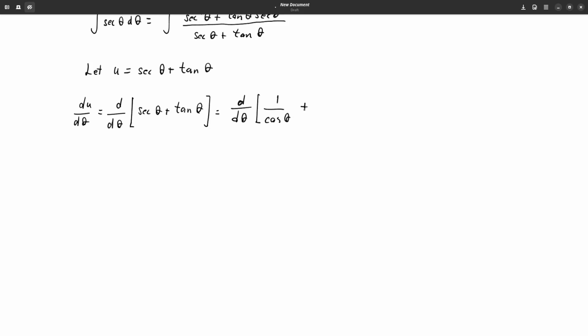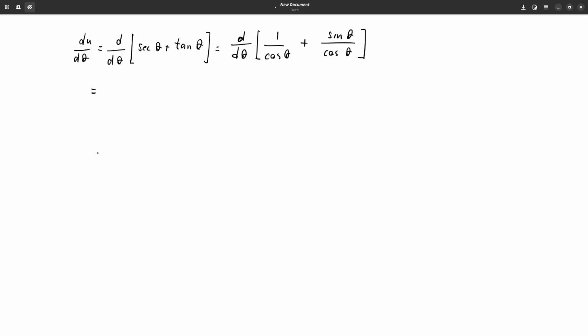We rewrite these identities to understand what is happening. Now we differentiate them by using the quotient rule.